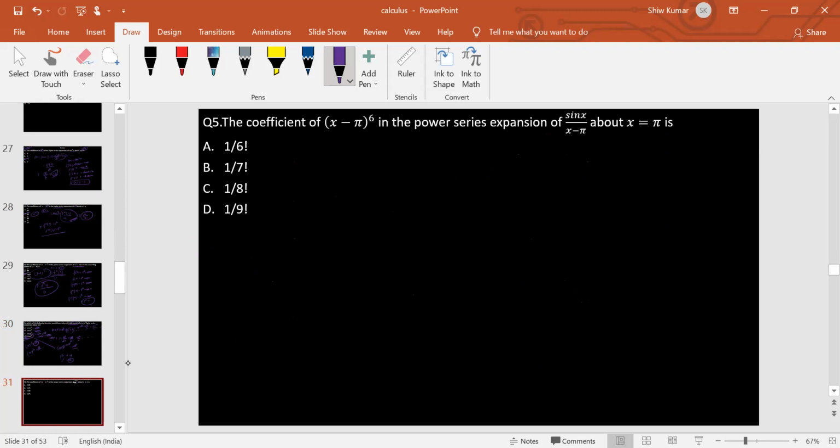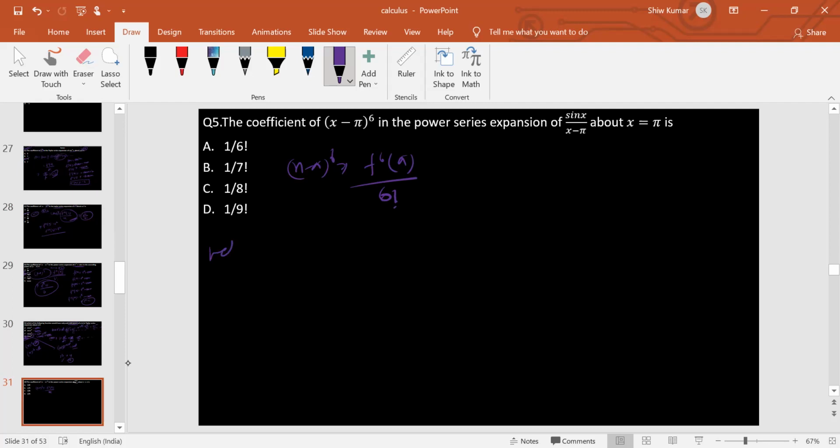So how will you find it? You could differentiate 6 times, put the value pi, and divide by 6 factorial. Or else we can do it by some other method, because 6 times differentiation is not practical anyway.